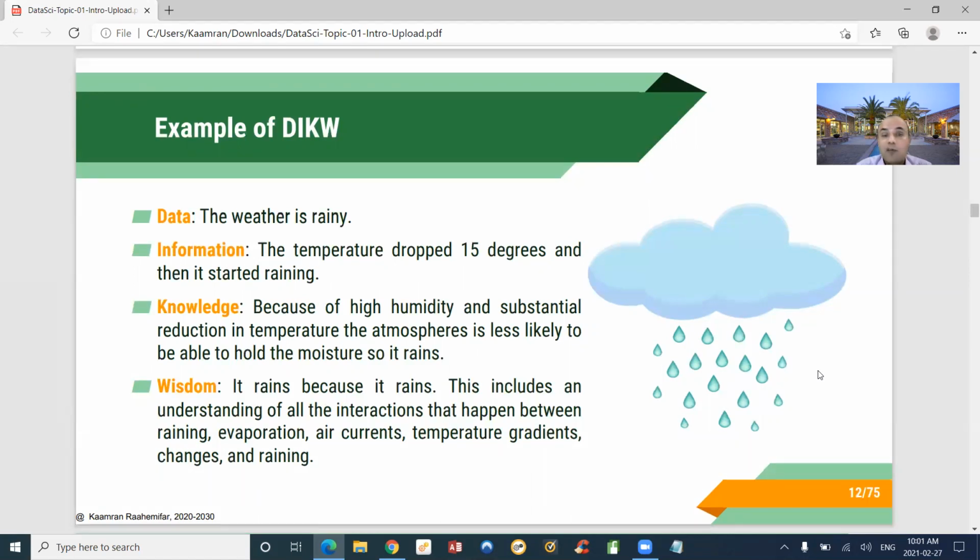So not only is it going to be humidity, not only temperature, we are going to take a look at the air pressure, air current, and basically whatever changes are actually happening, including the geographic location of the place we are talking about.